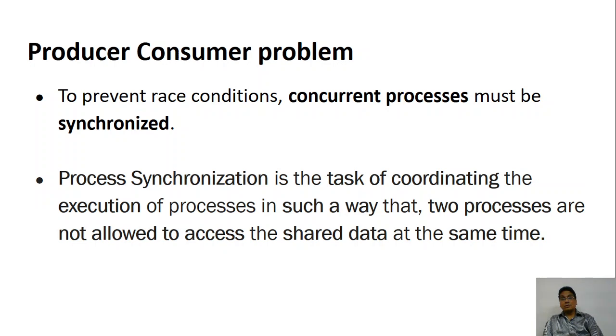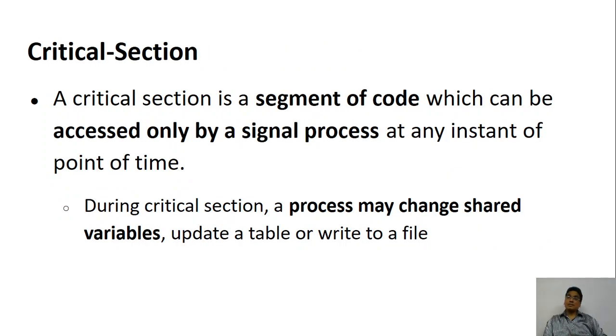So the operating system must say that now this process will update it, all the others have to wait, and then the next chance is yours, you go and update it, all the others have to wait, and so on and so forth. So the operating system must control which process is going to make the changes.